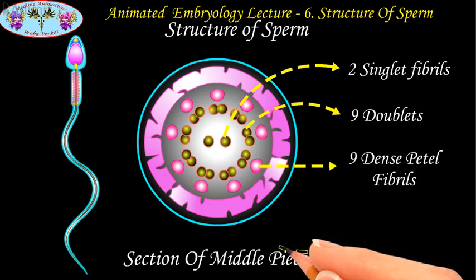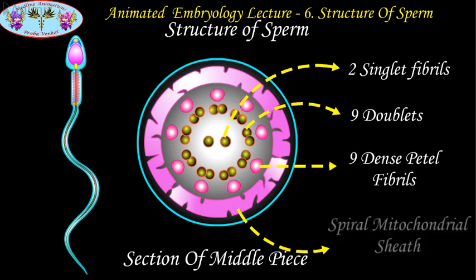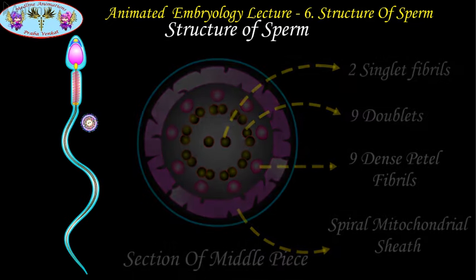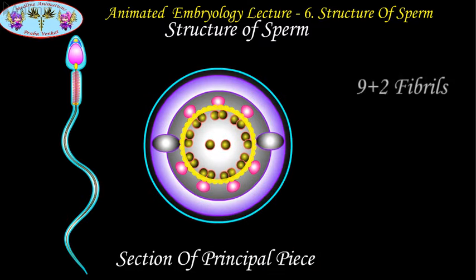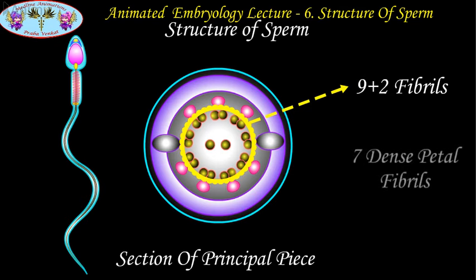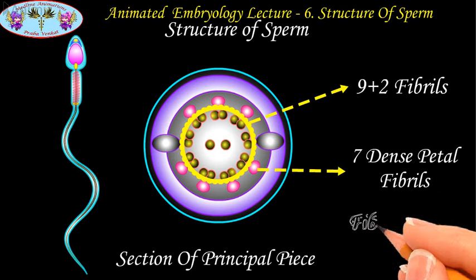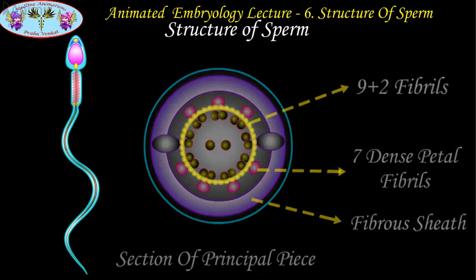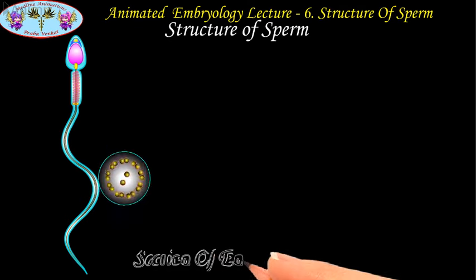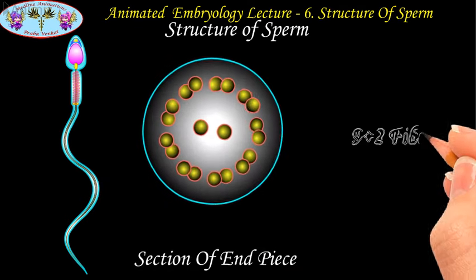This axial filament is sheathed by spirally arranged mitochondria. The principal piece of the tail shows 9+2 arrangement with 7 dense petal fibrils without a mitochondrial sheath. Instead, it is surrounded by a fibrous sheath. The end piece shows only 9+2 arrangement of fibrils.